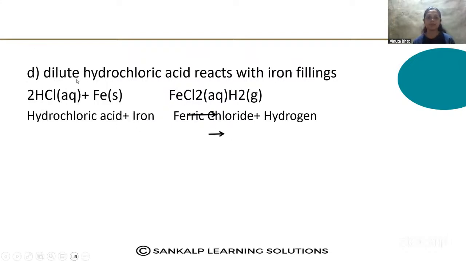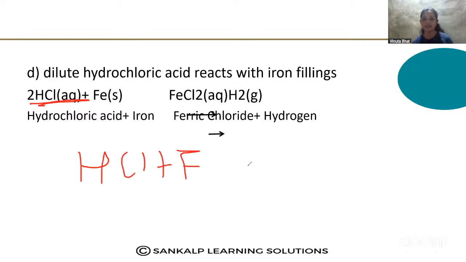Yes, next one. Dilute hydrochloric acid reacts with iron filings. Here, dilute hydrochloric acid, HCl, when it reacts with the iron filings, iron means Fe, forms FeCl2, iron chloride, plus hydrogen gas is released.